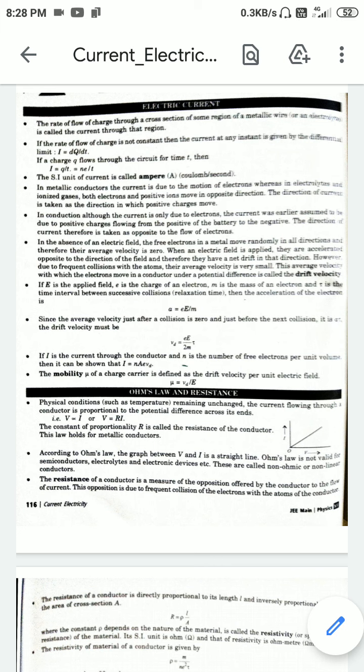However, due to the frequent collisions with the atoms, their average velocity is very small. This average velocity with which the electrons move in a conductor under the potential difference is known as drift velocity. Okay, drift velocity is what? The average velocity with which the electron moves in a conductor under the potential difference.